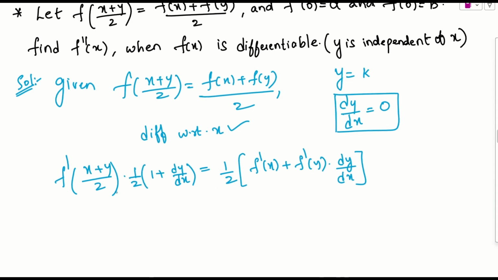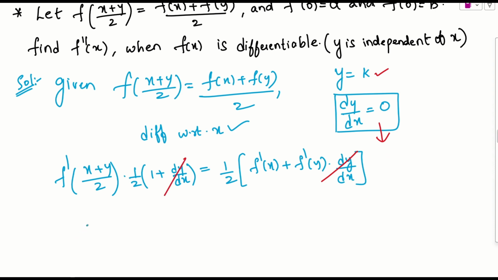So now let us move on here. What they are telling, dy by dx is 0. Why? Because y is independent of x. So this whole term with dy by dx will be 0, right?